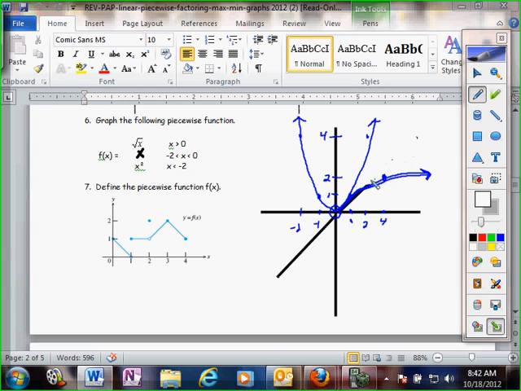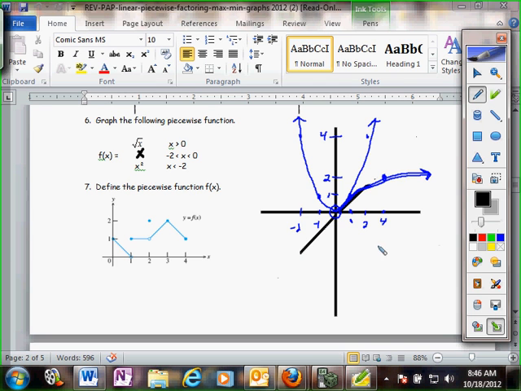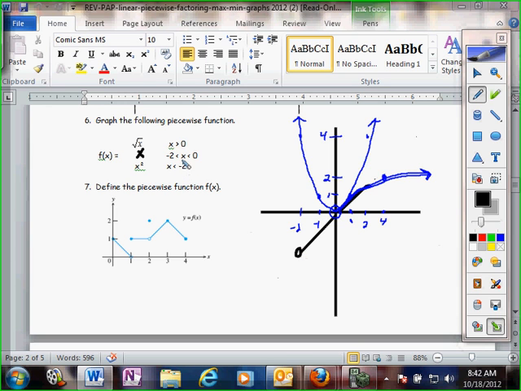I only want this line where x goes from -2 to 0. That's down here. And it's going to be just this portion right here. And it's also going to have an open circle here because it's greater than -2 and less than 0. So this is still open right now.